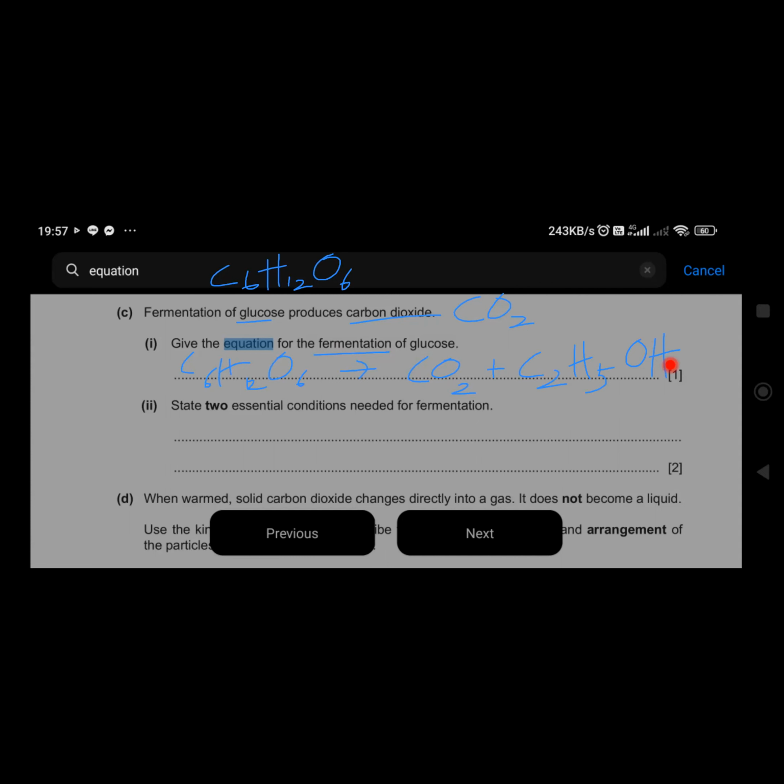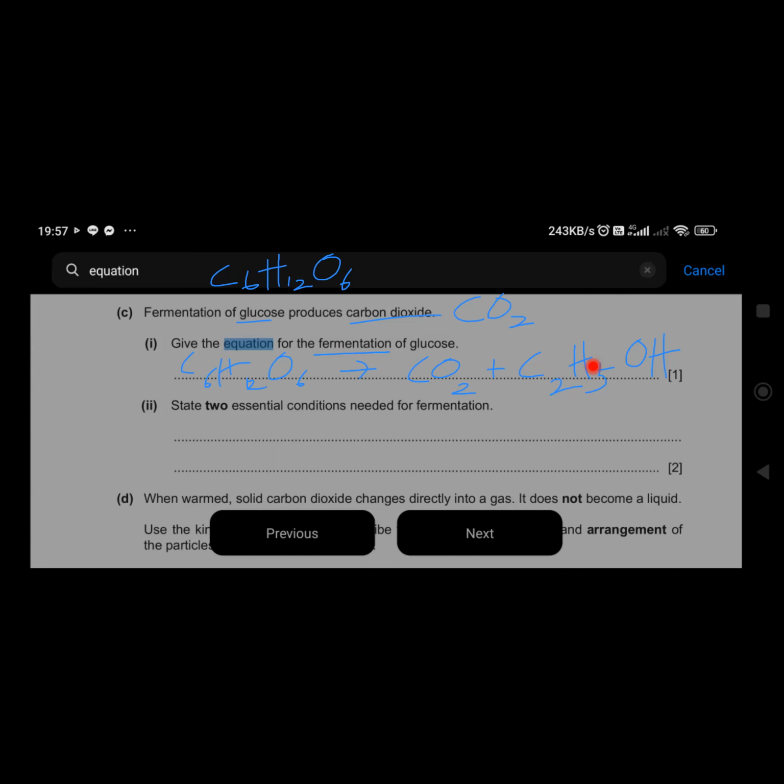Maybe the alcohol's formula was already there in this question. Even if you don't have it, you can use the general formula of alcohol, and it's ethanol. So ethanol means two carbon atoms, you can make it for that, right?